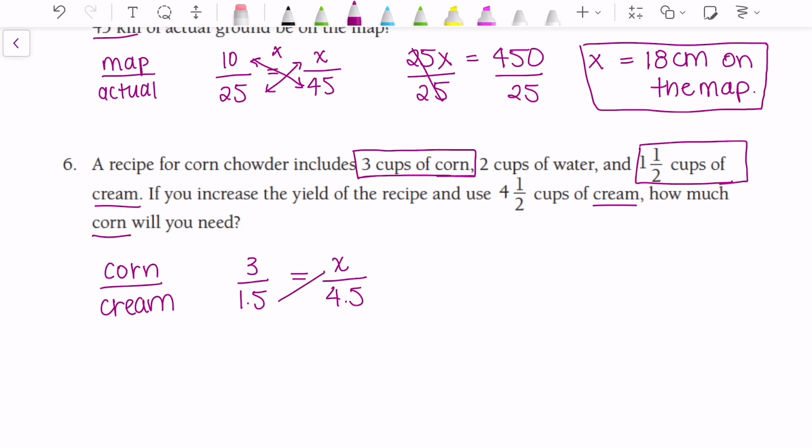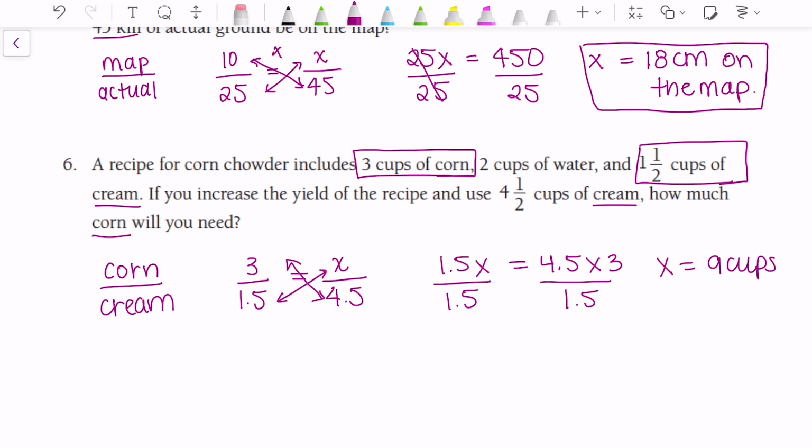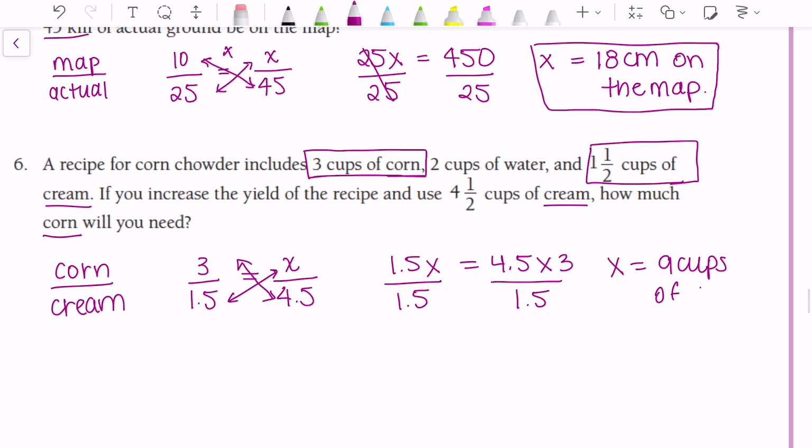And just like before, we're going to cross multiply. So we get 1.5x is equal to 4.5 times 3. And divide by 1.5. And we get x is equal to 9 cups of corn.